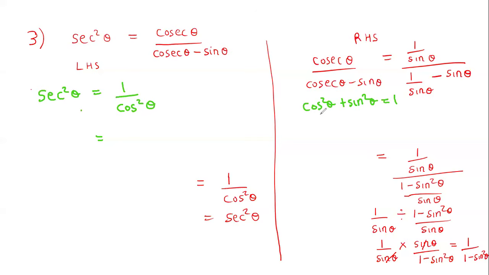Since there is a cos squared theta, I'll take the other term to the other side, so cos squared theta is the same as 1 minus sine squared theta. So now I'll say this is the same as 1 over 1 minus sine squared theta.